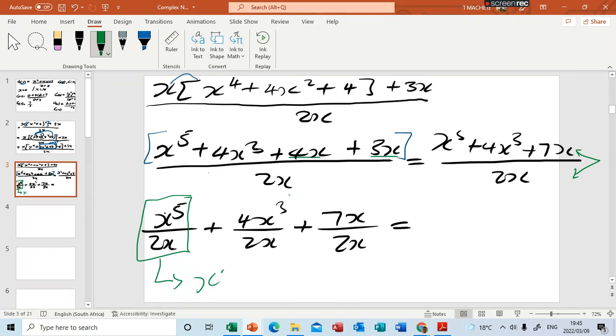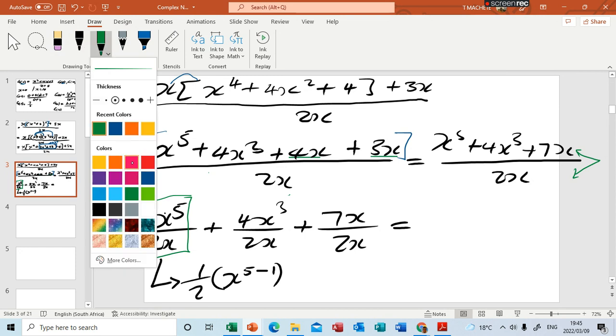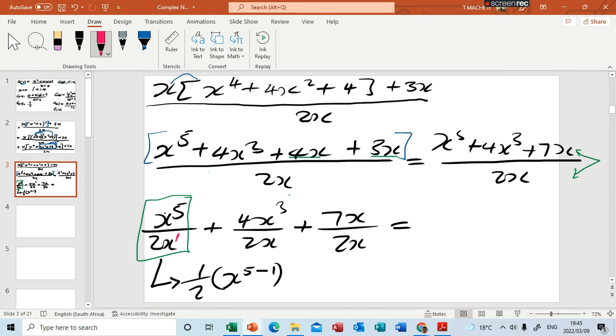You're going to say x to the power 5 over 2. Let me write it nicely with the black pen. So you're going to say your number is 1 over 2 here. And then the x values, you're going to say x to the power 5 minus 1. You see this one, it's to the power 1. The pink one is to the power 1.